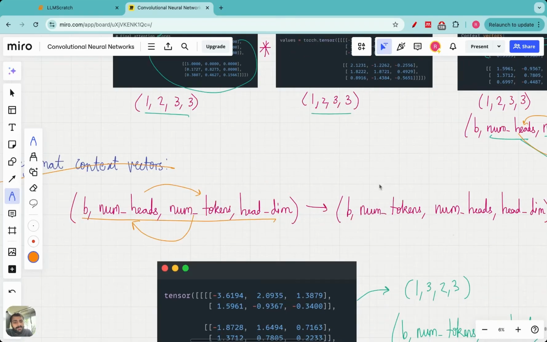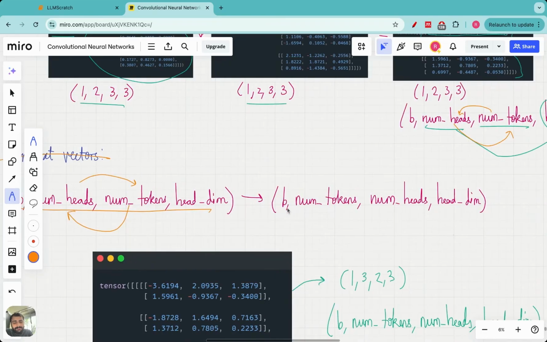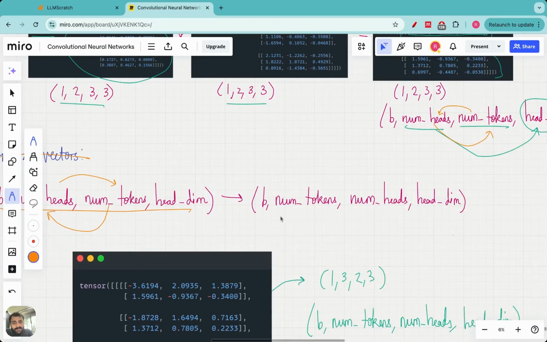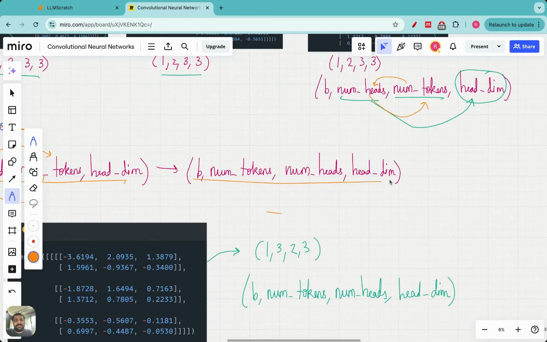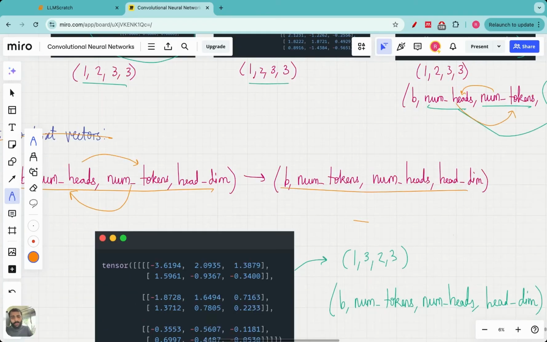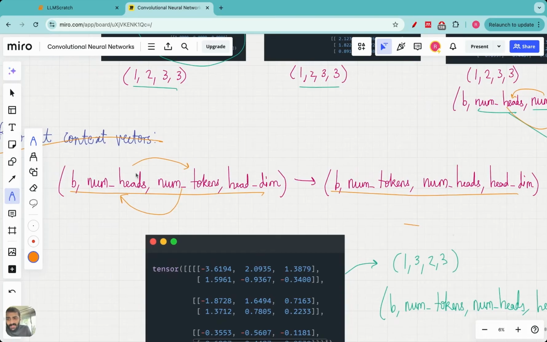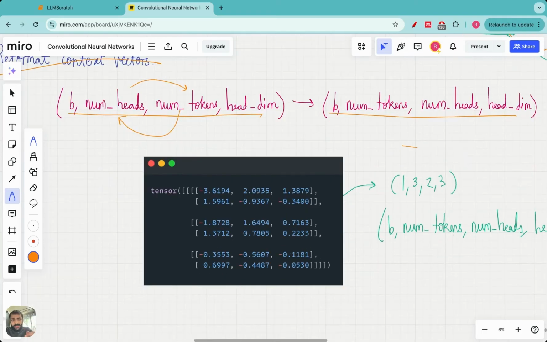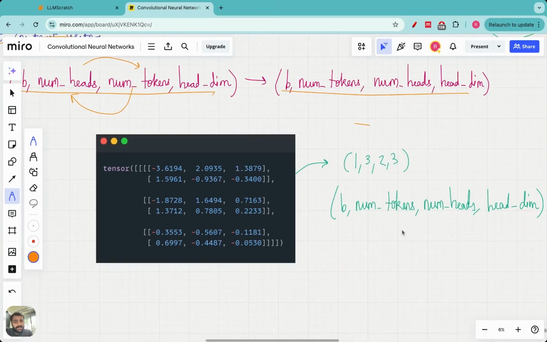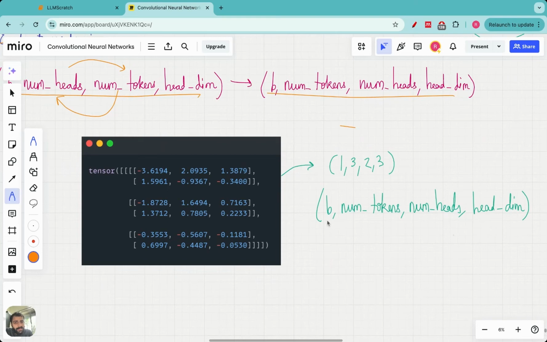So I want the resultant matrix to be b, comma number of tokens, comma number of heads, comma head dimension. Essentially, after I compute the context vector matrix, I'll do a transpose of the first index and the second index. And the resulting context vector matrix, which has the dimensions b, comma number of tokens, comma number of heads, comma head dimension, looks like this.